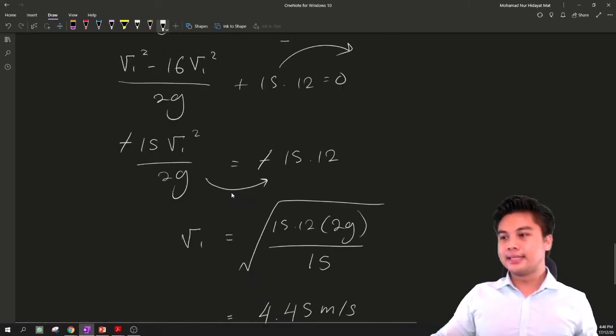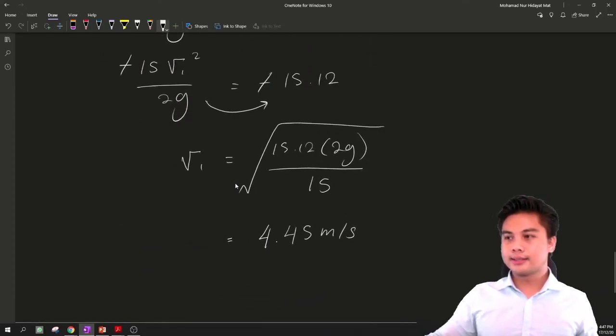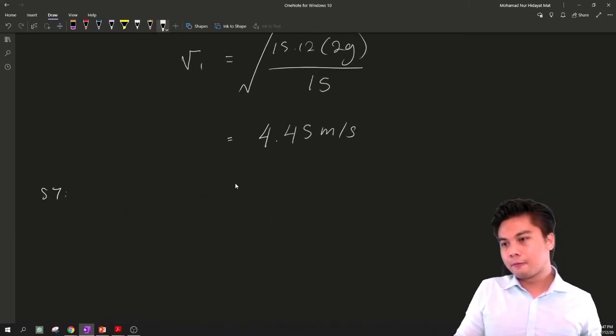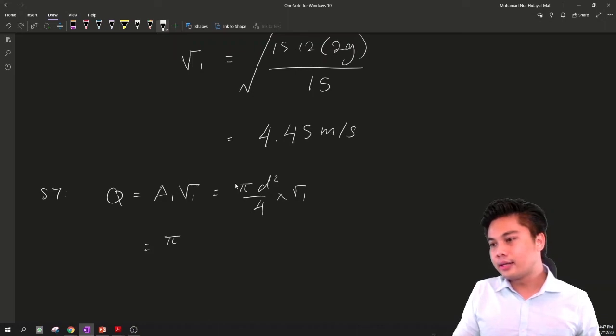Based on this V1, we can calculate the flow rate. Step number 7, flow rate Q equals A V. If we find V1, use A1. So area 1 is pi d squared over 4 multiplied with velocity 1. Diameter is 100 mm, convert to SI unit 0.1, squared over 4 multiplied with 4.45.